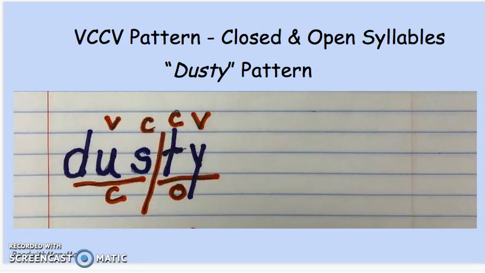The next VCCV pattern word is dusty, which contains a closed and open syllable, and I'll show you what I mean. When looking at this word, again I will label the vowel, U, with a small V for vowel, and then I'll label the Y as a vowel, because every syllable has to have a vowel, and we know when there's a Y at the end of the word, it acts like a vowel.